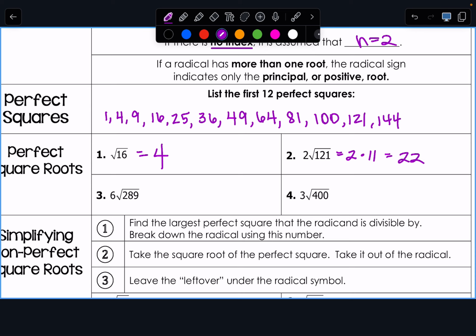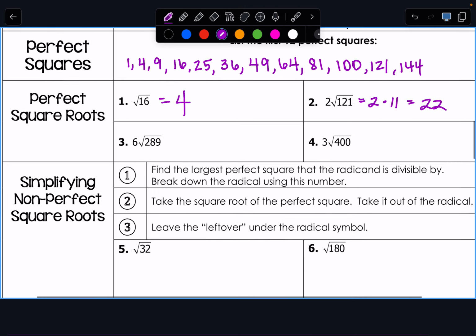Now, if you're not sure if 289 is a perfect square, you could take the square root and see if you get a nice number. What happens when you take the square root of 289?